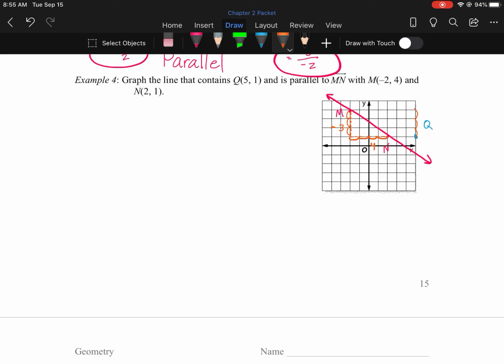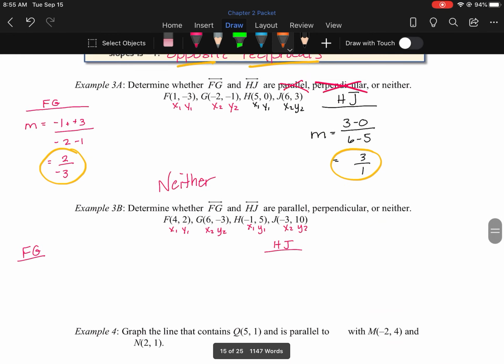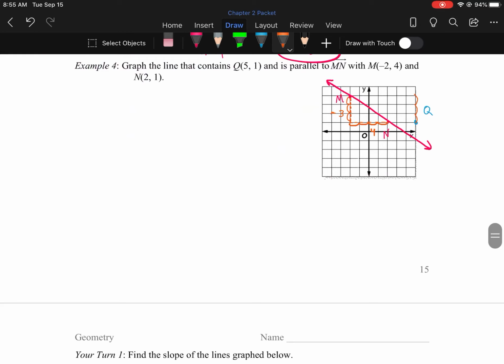But then since that was a negative, I need to switch the negative to the 4, so I need to go back 4. Oh my goodness. All right, so now let's go back 4. 1, 2, 3, 4. So there's my point. Now I can try to draw this line straight. Helps if you have a ruler. And there we go. Now we have our parallel line.